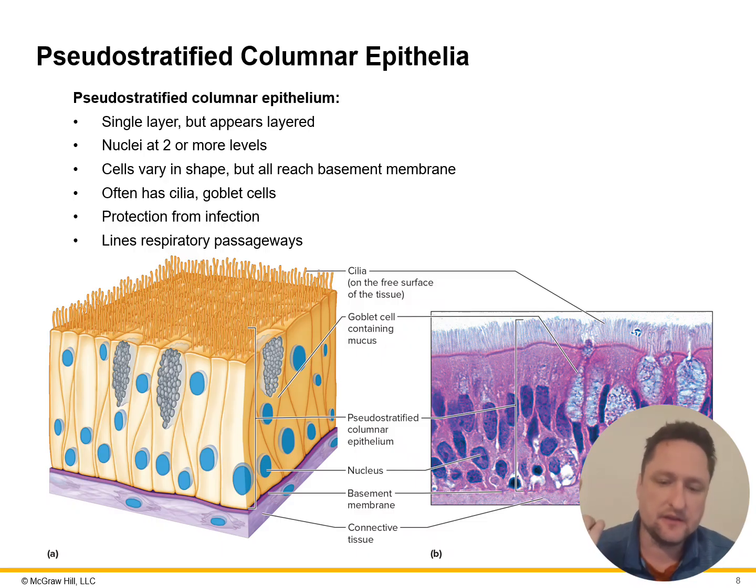Okay, so we get it out of there, moves it back up before it becomes a problem. Because of its structure, the tissue combines secretion, movement, and protection in only one layer. So these guys are doing a lot here to protect us. Once again, we have the same basement membrane.